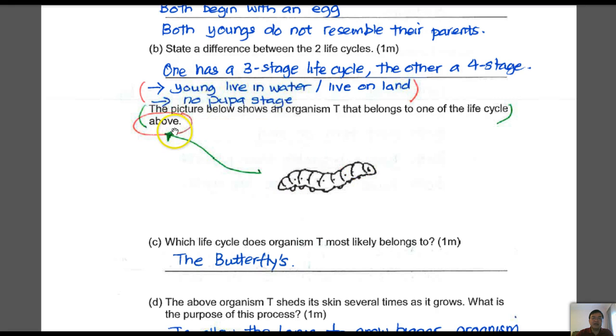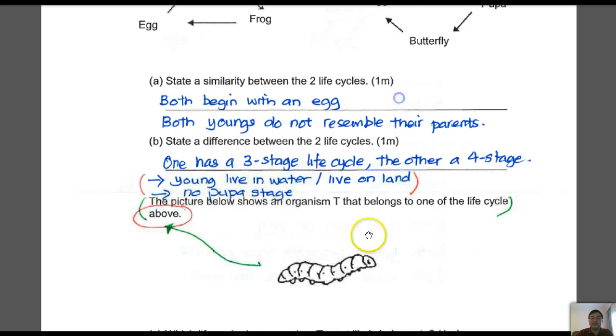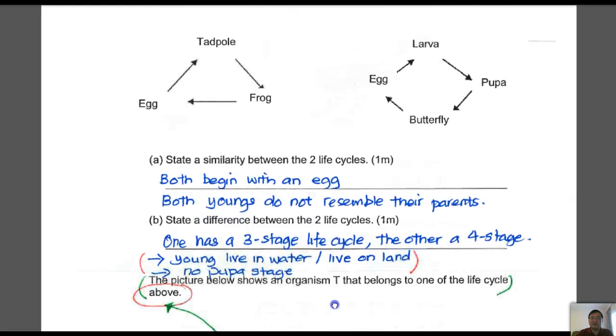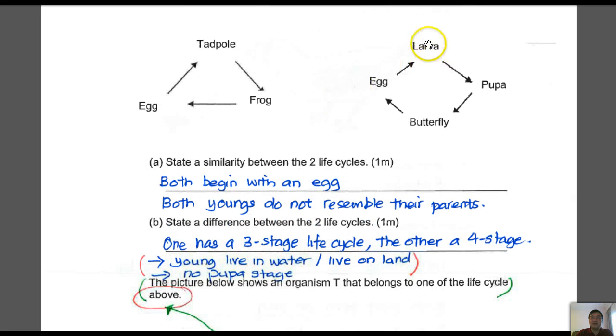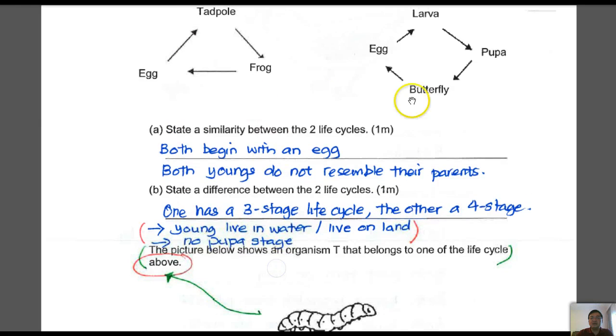But if you have read this properly, they are asking which life cycle this larva belongs to, and obviously you know that it belongs to the butterfly and not the tadpole. The tadpole does not look like this, so the answer is the butterfly on top. Not what is this, whether it is larva or whatever, we are not sure.